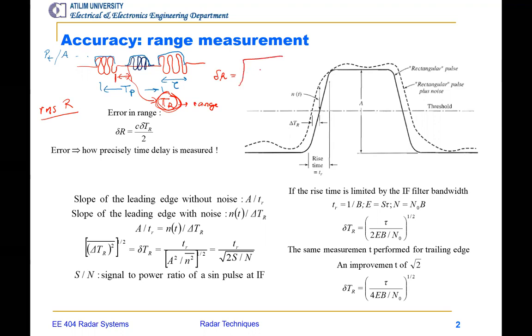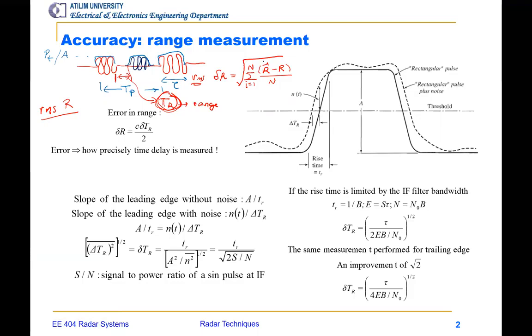Let's say R cap, which is the measured range, minus the true range, divided by the number of samples, let's say n. So if we get this average from 1 to n, its square root will give us the RMS, the root mean square value of the error.